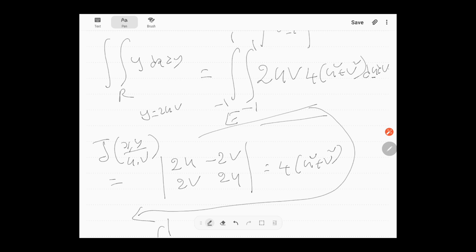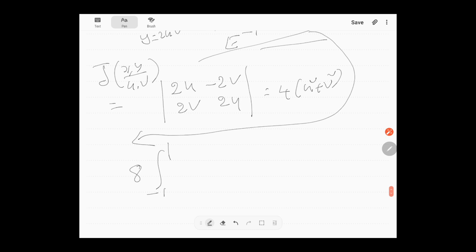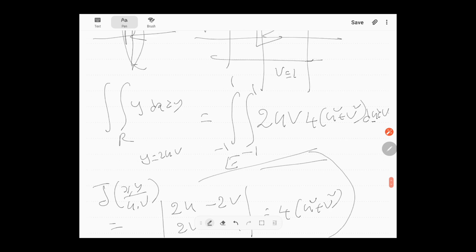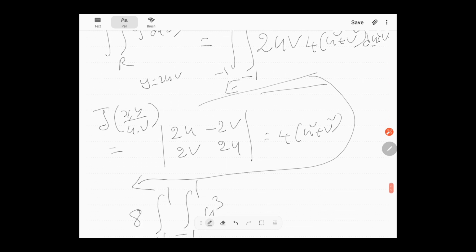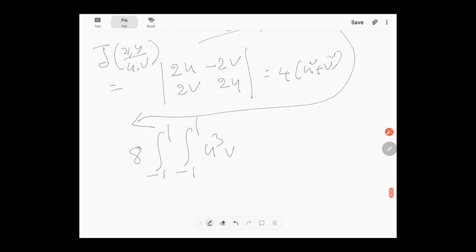So 4 u square plus v square, this is the integrand, and this is integral minus 1 to 1, integral minus 1 to 1, u cube v plus u v cube du dv.